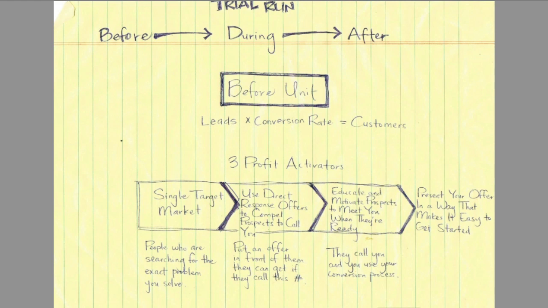It's very rare that 100% of the leads that come in will turn into customers. This is why it's important for you to pay attention to the numbers that come in during your trial run. You need to know how many calls will actually equal customers, because then you know your conversion rate.